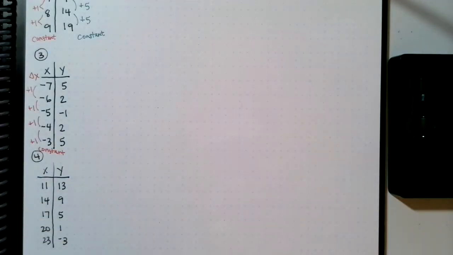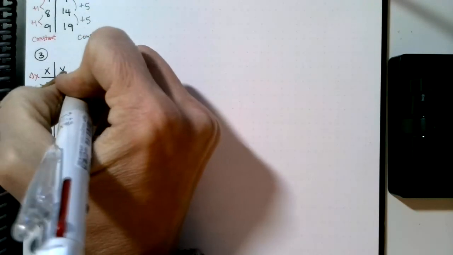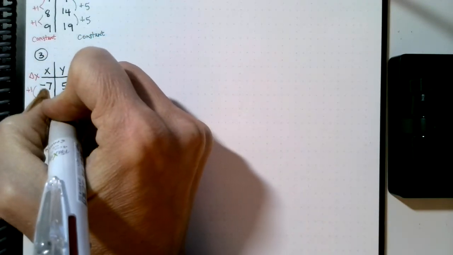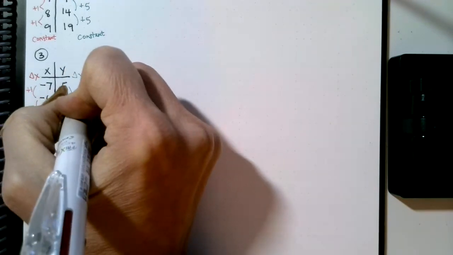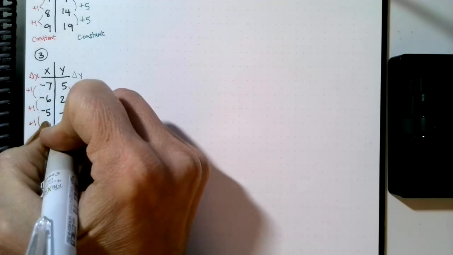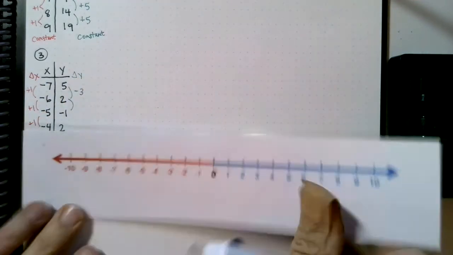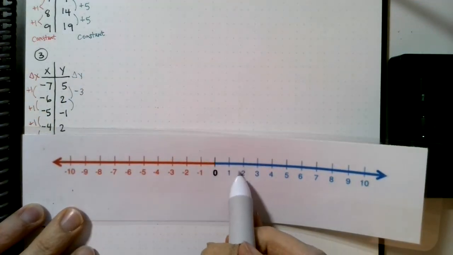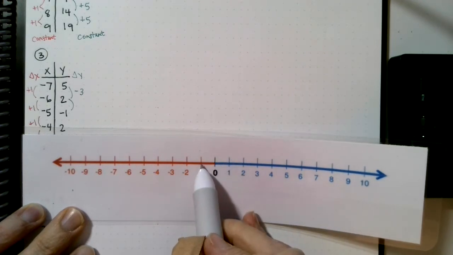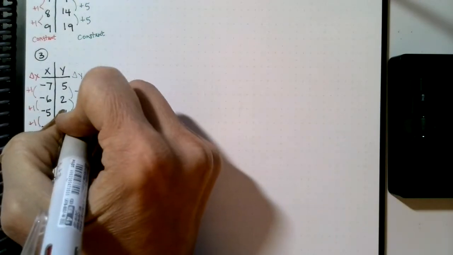I'm going to do the same thing for Y's, looking at our change in Y. 5 to 2 is decreasing by 3. From 2 to -1, again, is decreasing by 3 spots, so decreasing by 3.